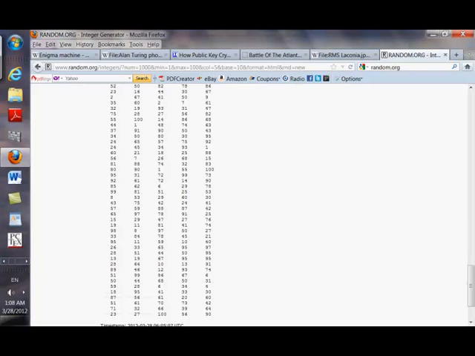Actually, I counted 4 times in the second column, so this is 12 over 1000.